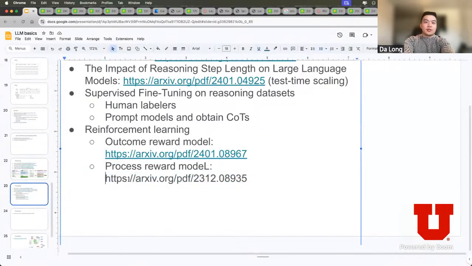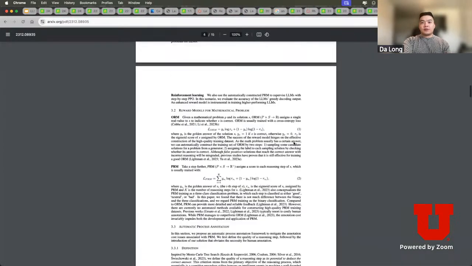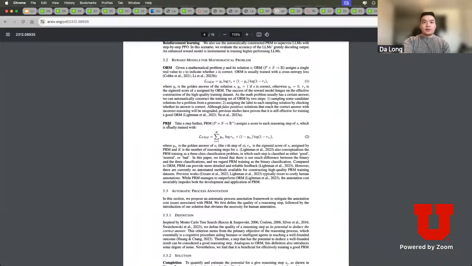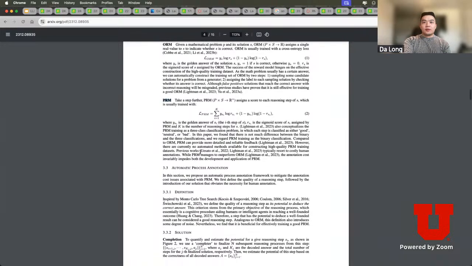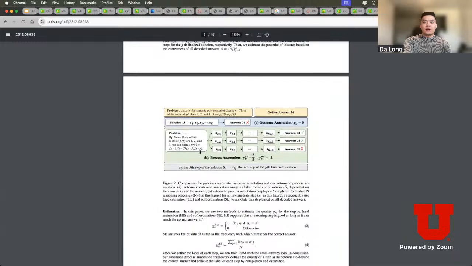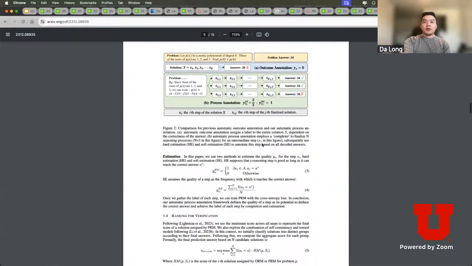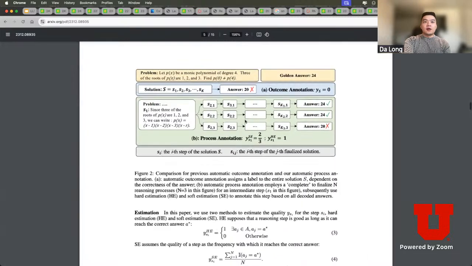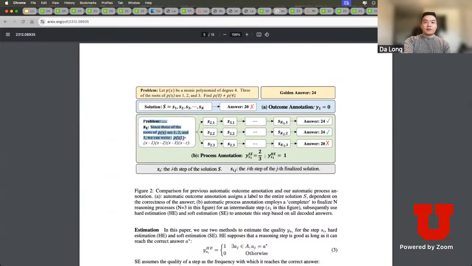And another type is the process reward model. So it has to make sure the middle steps are correct. So there's a process reward model. And the first thing they want to do is design a reward function, right? So this is how they design the reward function. They have a problem, and then they prompt the model to generate the next step, just one step. And then they calculate the reward for this step based on the potential.